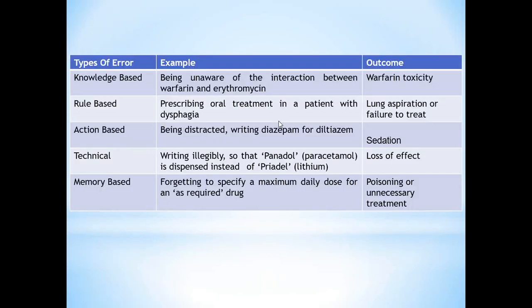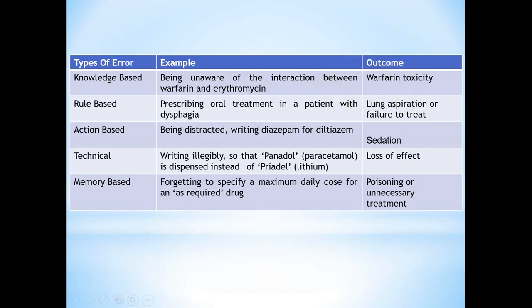Next, what are the examples of these kinds of error? The knowledge-based error. Knowledge-based error is being unaware of the interaction between warfarin and erythromycin. The pharmacists don't know the interaction, and the outcome of this kind of lack of knowledge is toxicity. It may cause the toxicity.